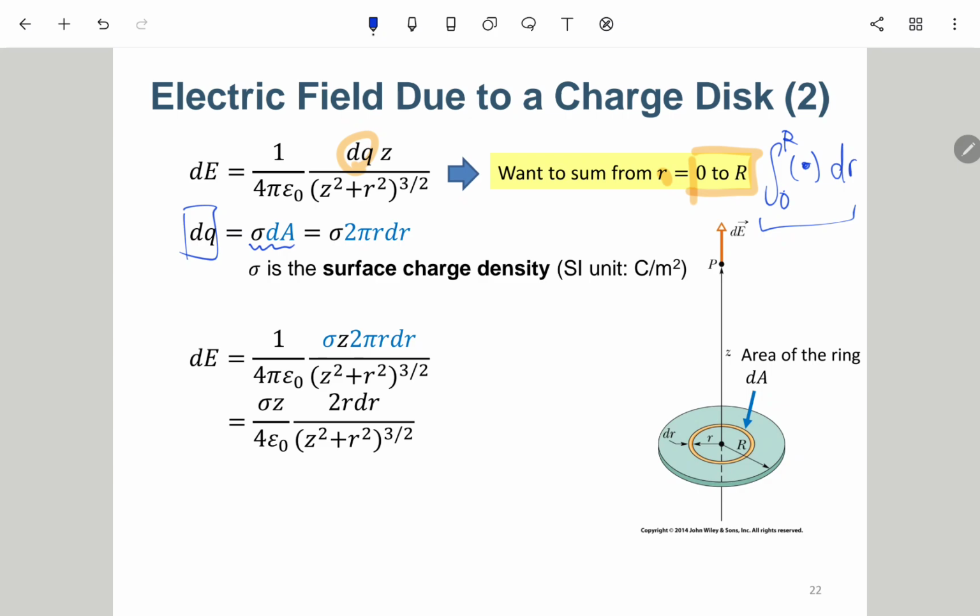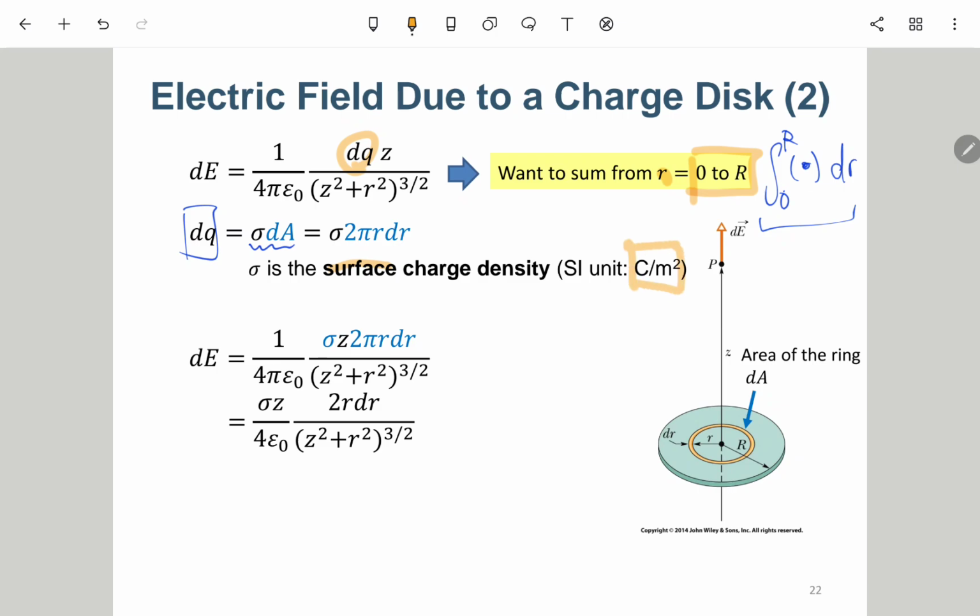So last time we had a ring, so it is one dimensional. We only had the linear charge density. Here we have a two-dimensional disk. So rather than the linear charge density, we have a surface charge density. 就是上一次是线的电荷密度，那这一次的是一个平面上面的，所以是一个面的电荷密度。Okay, so of course the SI units are a little bit different.